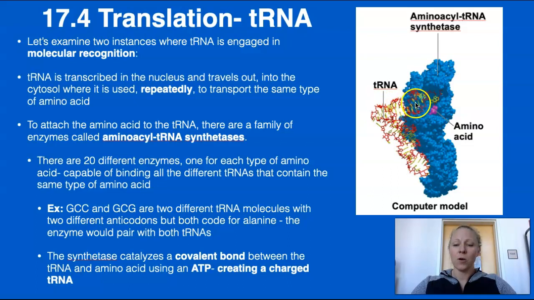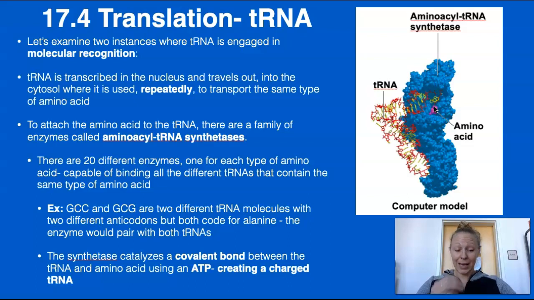Therefore, both of these tRNA molecules are going to pair up to the same synthetase. Essentially, it's the amino acids that determine which synthetase will be used to link it up to a tRNA.